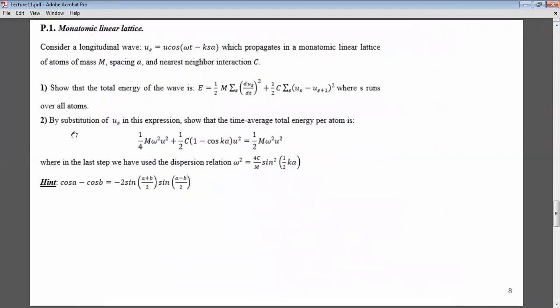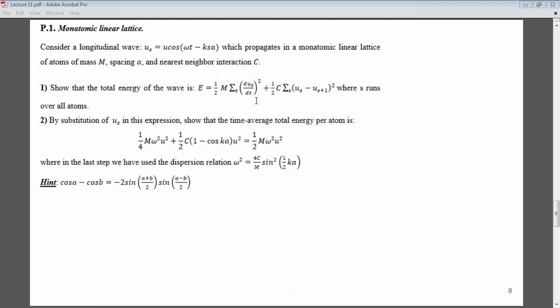The second part, by substitution of us in this expression. So what did we get? We get this function. Show by now putting us in this equation, show that the time average total energy per atom is this thing. Let's do this.